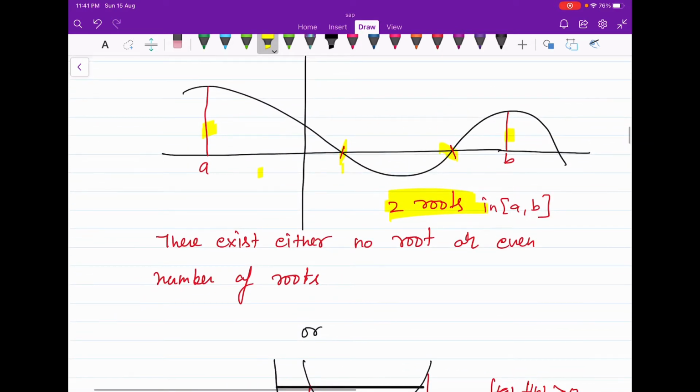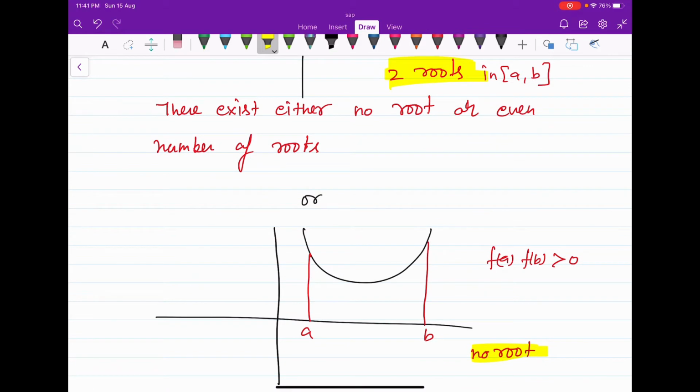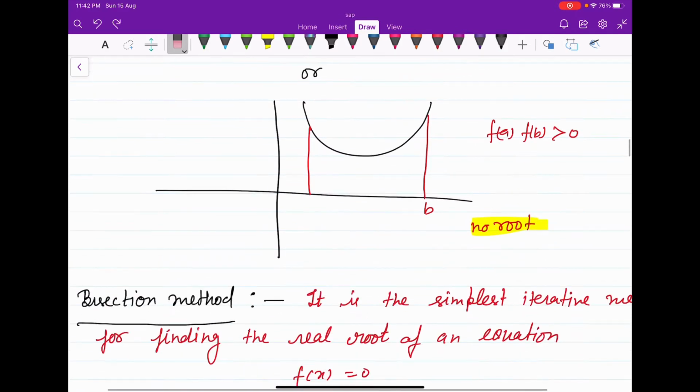There are 2 roots if f(a), f(b) are positive, or this is another example where no root exists. The function graph is something like this. f(a) and f(b) are positive, then there exists no root. So keep in mind, the intermediate value theorem is applicable whenever f(a) f(b) is less than 0.